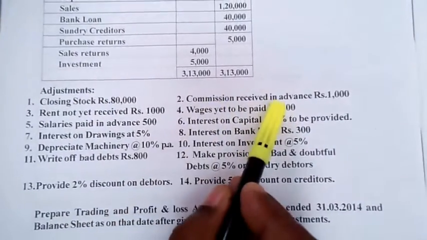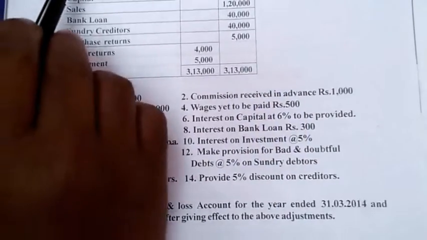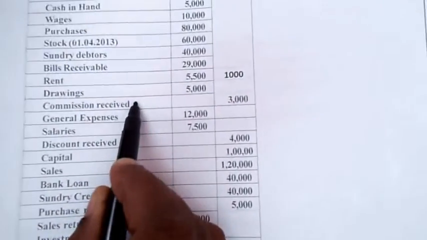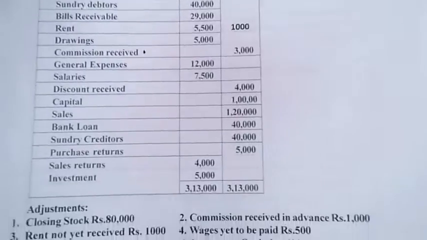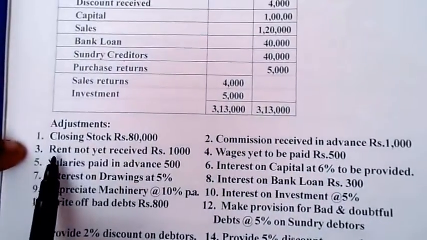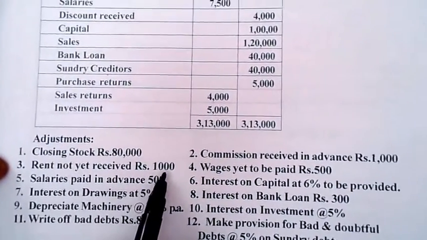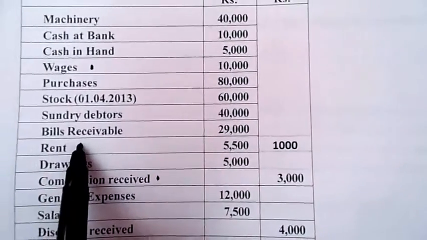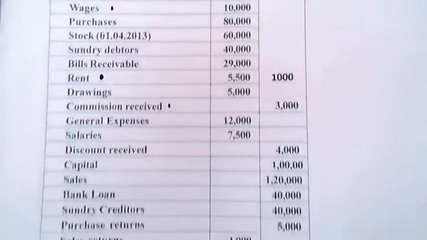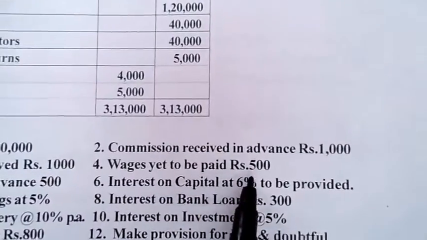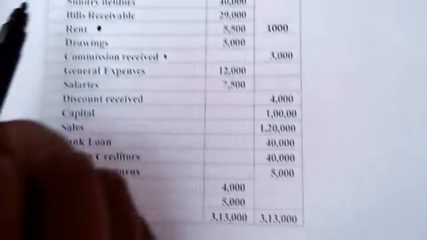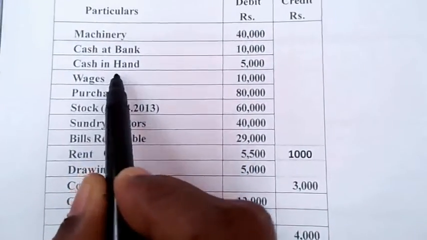And commission received in advance is there. Just see the commission and make a note. Put one mark for that for your reference. Third one, rent not yet received 1000 rupees. Put the mark here. Fourth one, wages yet to be paid 500 rupees. Put one mark for wages.